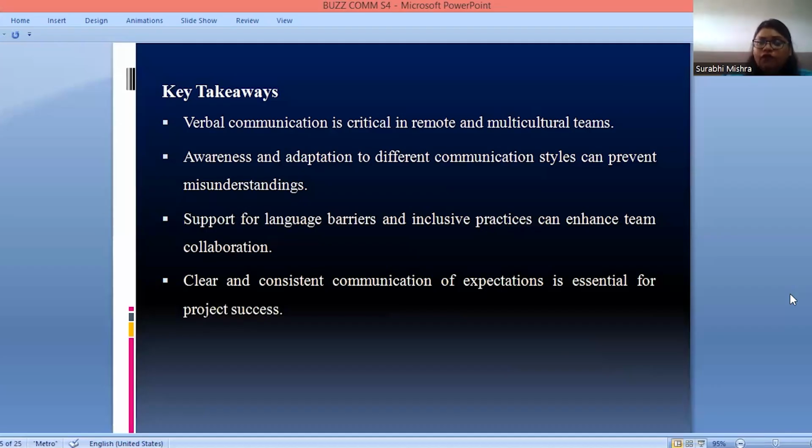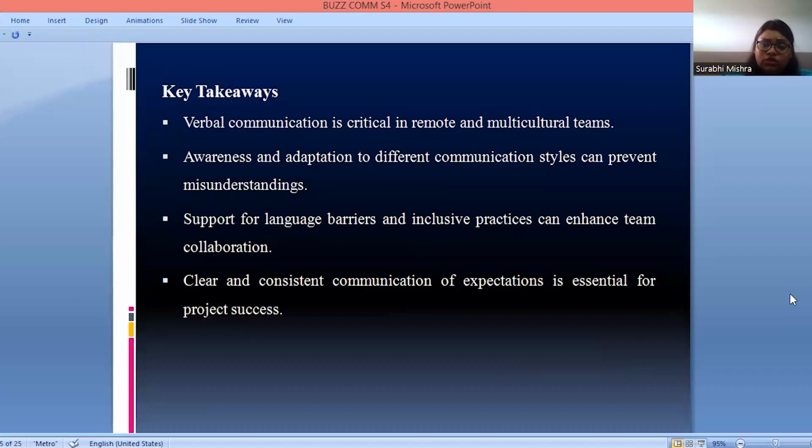The other is awareness and adaptation to different communication styles, which can prevent misunderstanding. They used this strategy to make people aware of different communication styles and respect the culture of different people in the team.